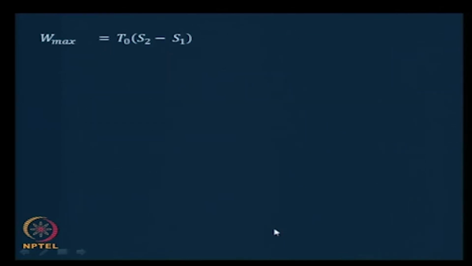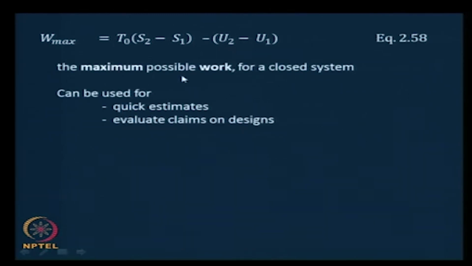Then we looked at maximum work and lost work. We saw that maximum work could be expressed as T0, the temperature of the surroundings, times S2 minus S1 minus U2 minus U1, and the maximum possible work for a closed system is this expression.